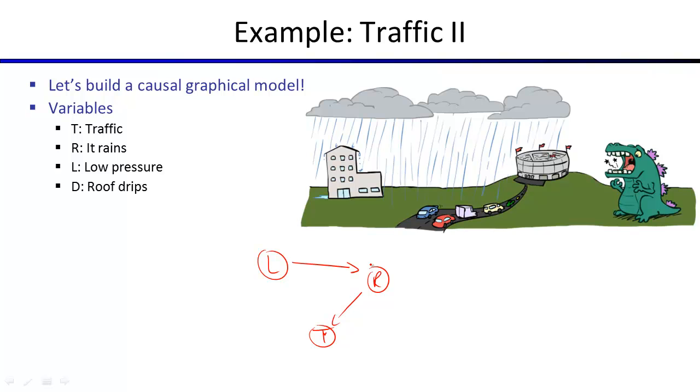Roof dripping or not. Let's put that over here. We could think of that as just being influenced by whether it's raining or not. Whether there's a ball game or not. We could put that over here, pointing to traffic. We could also put an additional arrow in here, potentially.